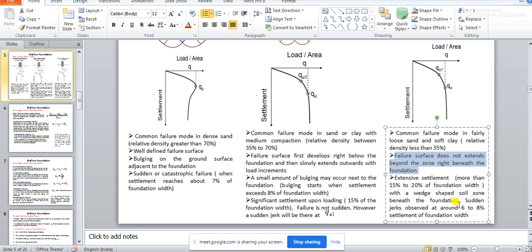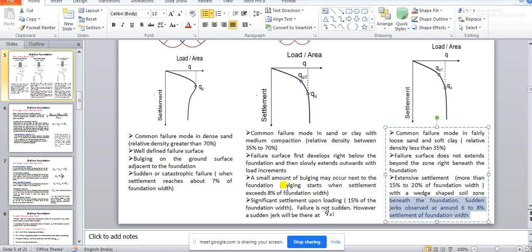And just like the local shear failure, a sudden jerk will be observed at around 6 to 8% settlement of the foundation width.